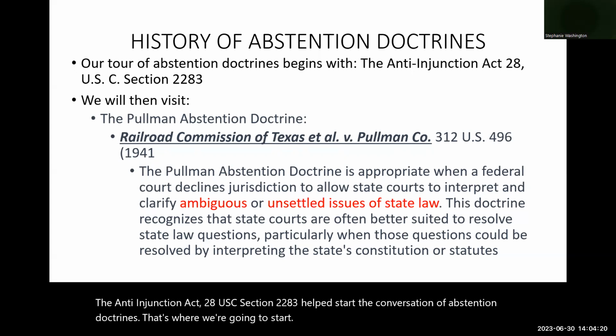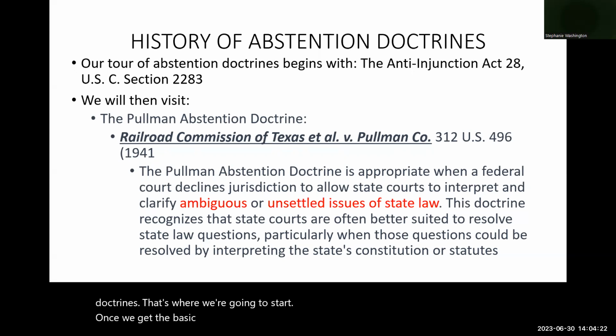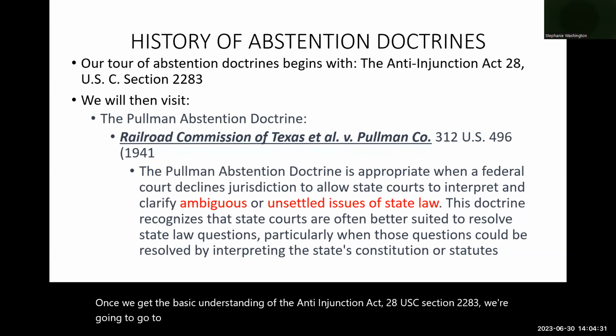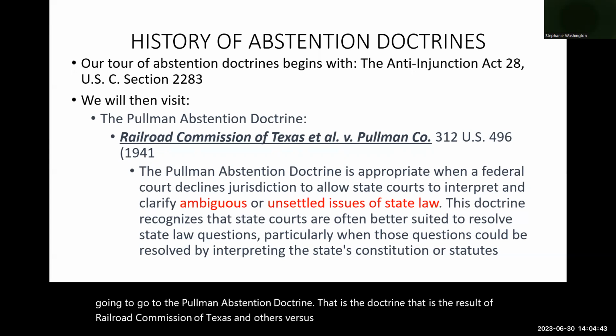Once we get the basic understanding of the Anti-Injunction Act, 28 USC, Section 2283, we're going to go to the Pullman abstention doctrine. That is the doctrine that is the result of Railroad Commission of Texas and others versus Pullman in 1941.